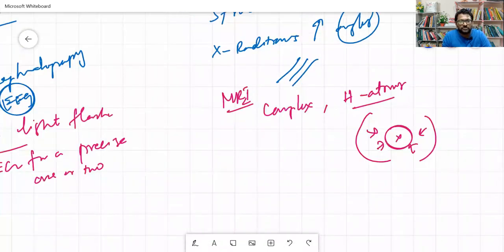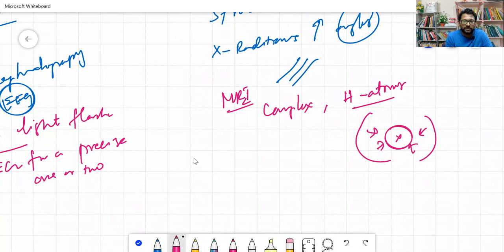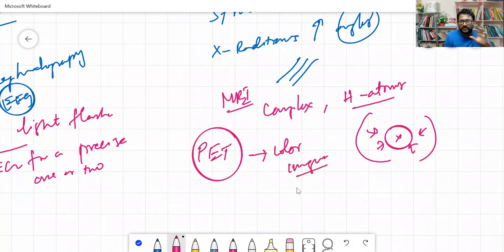PET scans provide color-coded images of a person's brain. PET scans, color images, show exactly where the brain is active during different sorts of tasks such as reading words, solving mental arithmetic, and listening to music.